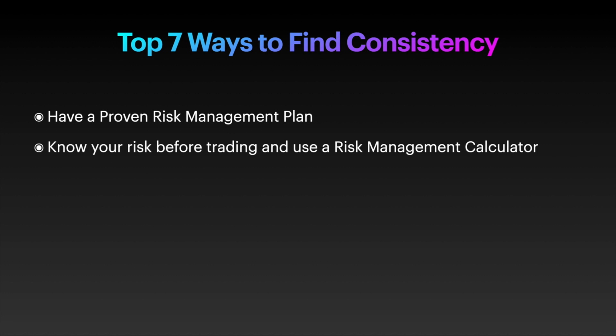Hell, there's one on Babypips that's free. Just Google risk management calculator. You literally put in the data, the ask and bid price, how much you want to risk per trade, and it'll give you the lot size to actually trade.